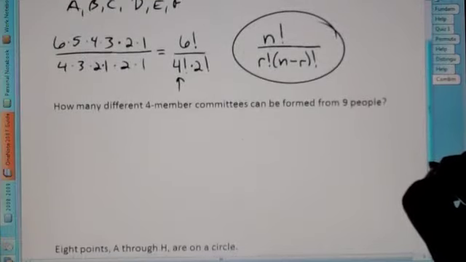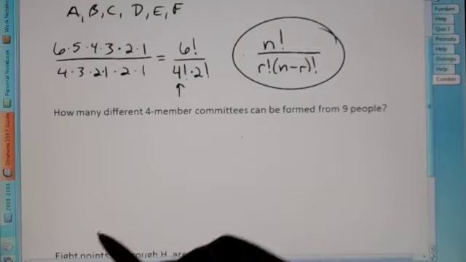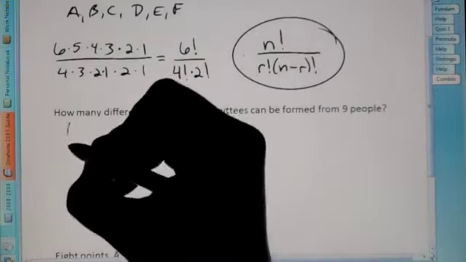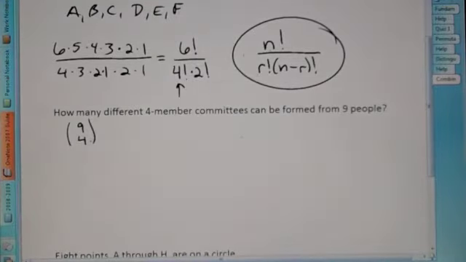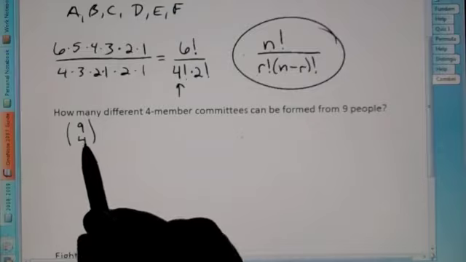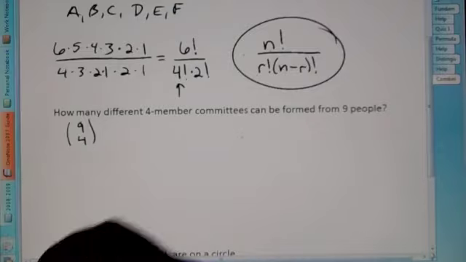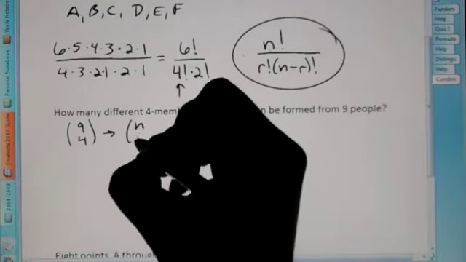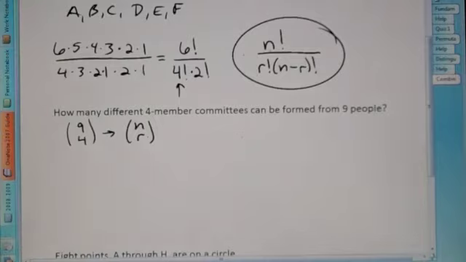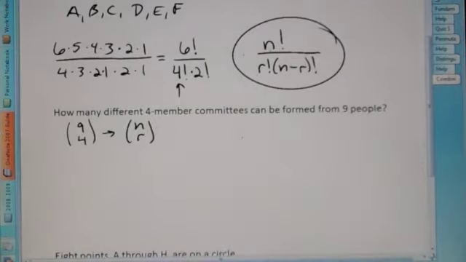How many different 4-member committees can be formed from 9 people? There's certain notation you're going to find on the homework, and it looks like this: 9 and 4. How many 4-member committees, that's where we get the 4, can be formed from 9 people? That's how we get the number on top. This is in the format of n and then r. If we know how to apply these, this ends up being not much work at all.